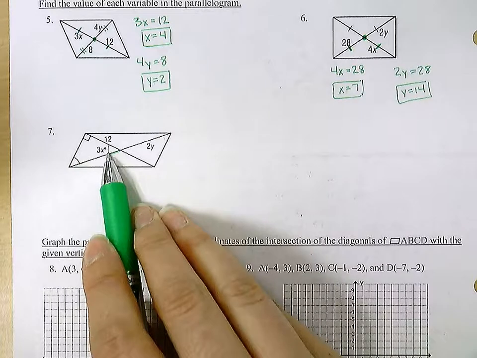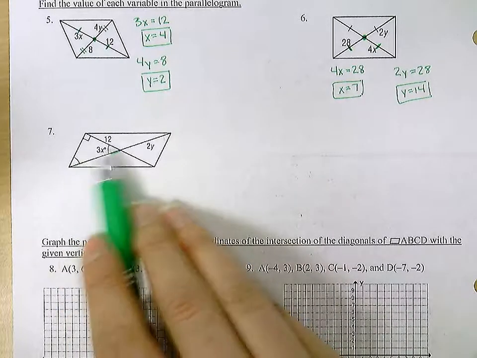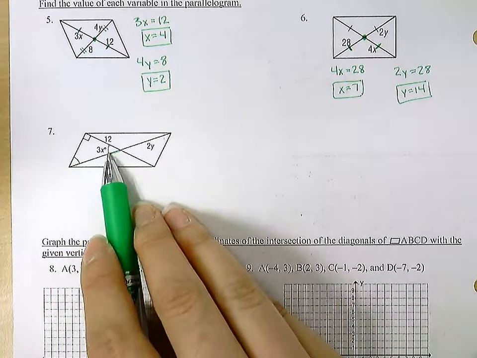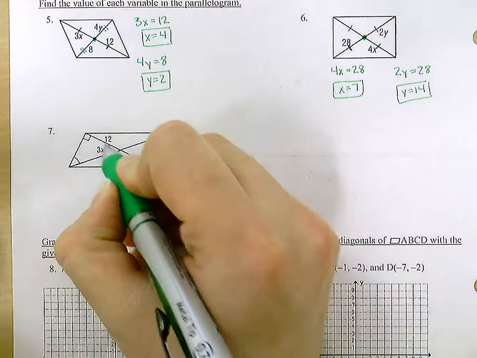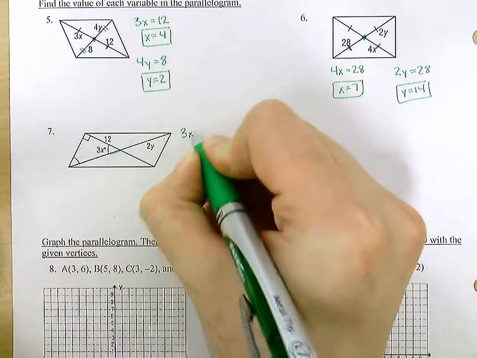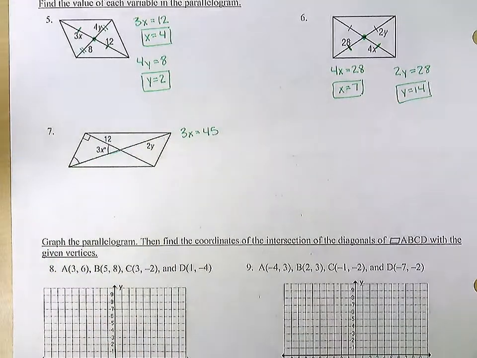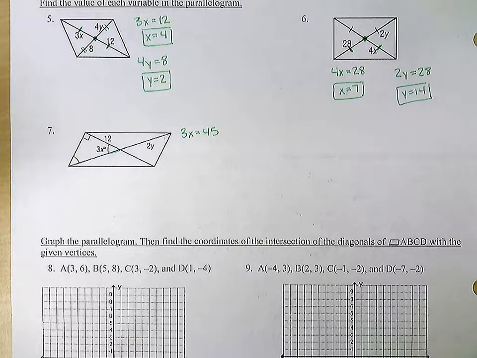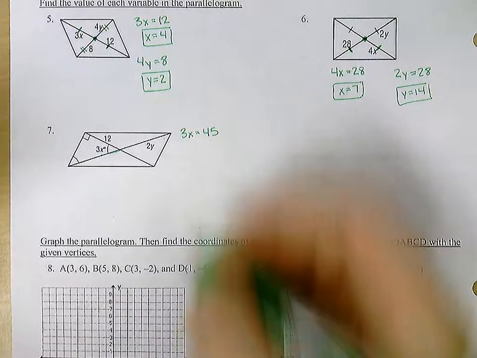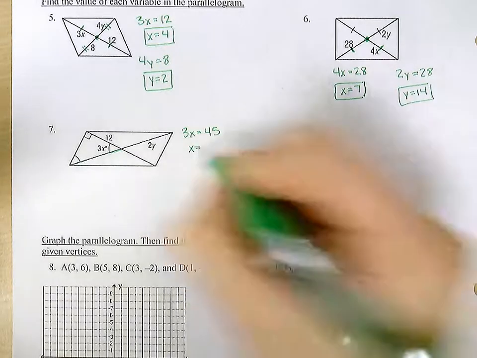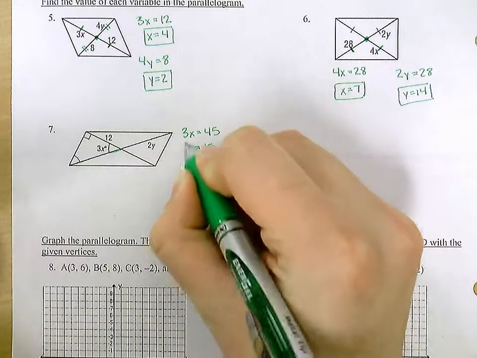Together they're 90, right? So each one would be 45. So I can set 3x equal to 45, meaning x would have to equal 15.